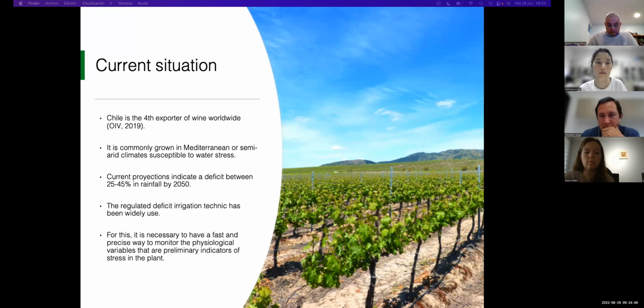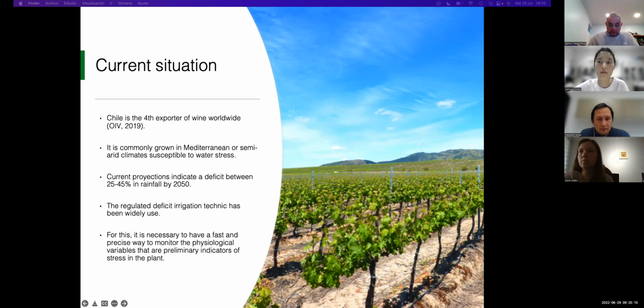However, climate change will bring uncertainty in terms of temperatures and precipitations, with a reduction of the latter expected between 25 to 45% by the year 2050. Therefore, strategies to save water and improve quality, such as regulated deficit irrigation, become relevant.